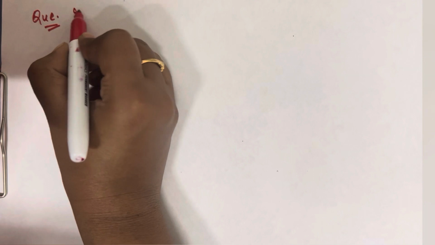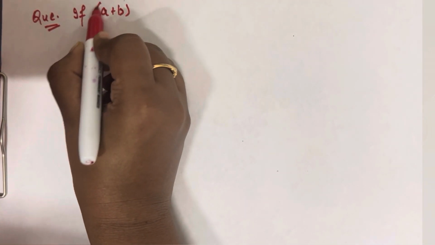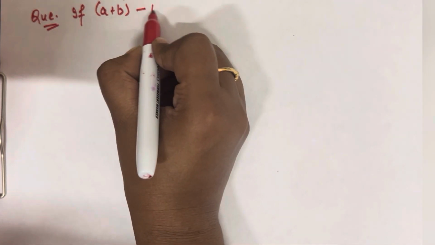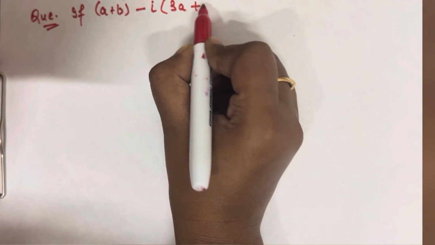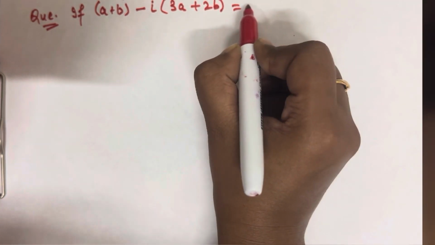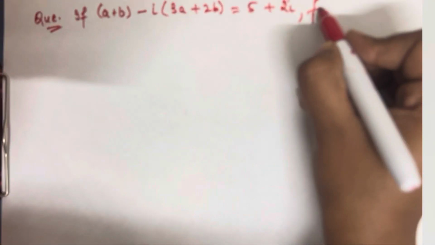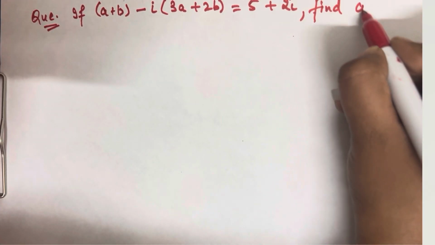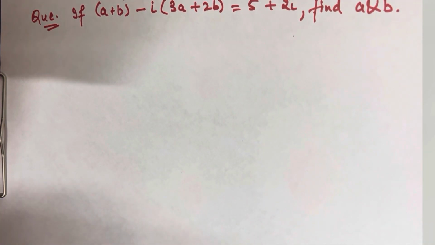Suppose in a question it is given: (a plus b) minus iota (3a plus 2b) equals 5 plus 2 iota. Find a and b. Right, this is the question we have to solve. So how can we use equality of complex numbers in this particular situation?